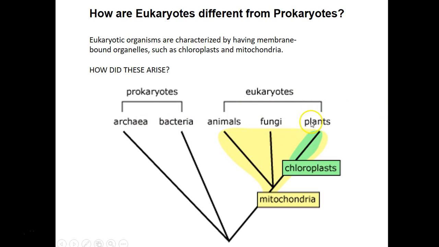Eukaryotes, on the other hand, the domain eukaryota has got animals, fungi, plants, and then a variety of other lineages that we call the protists. Now, what do they all have in common? They all have a mitochondria, which is an organelle that's used for energy production. And plants have got an additional organelle called a chloroplast that helps with photosynthesis. So how did eukaryotes arrive?